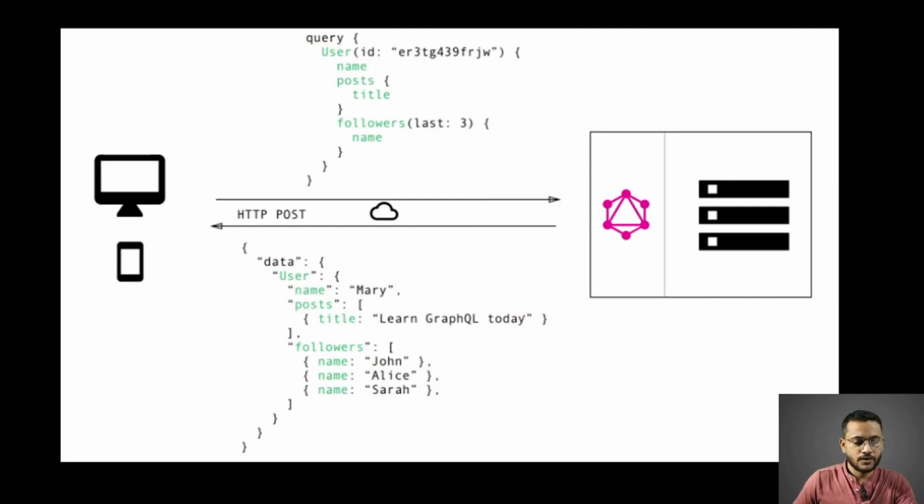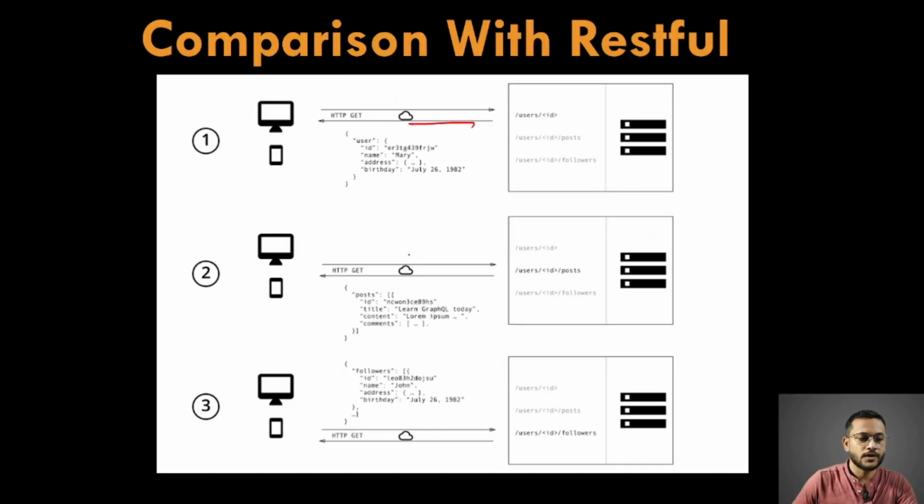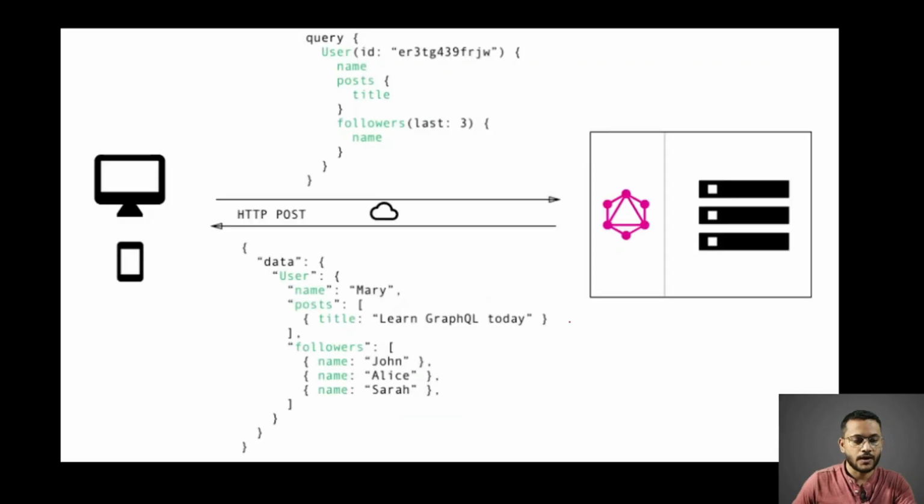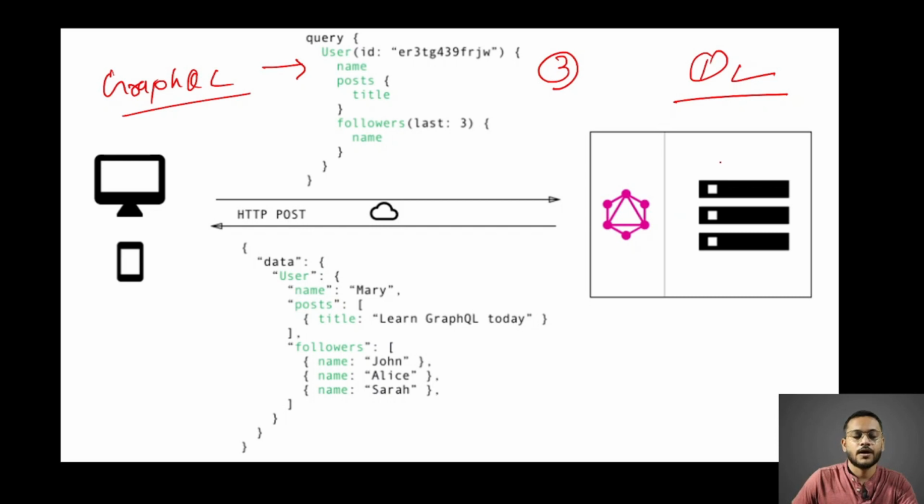Same thing we've done with RESTful here. You want to make three different calls, and the same thing is done with GraphQL. This is a GraphQL representation. Do not get confused about it. In GraphQL, you don't need to make three different calls. In RESTful you are making three calls, and with GraphQL you are making only one call. So obviously GraphQL is faster, and it is beneficial when we are using GraphQL.